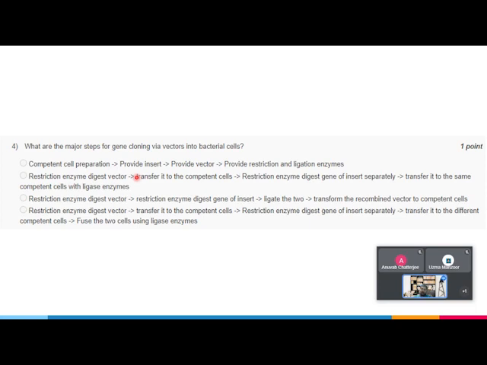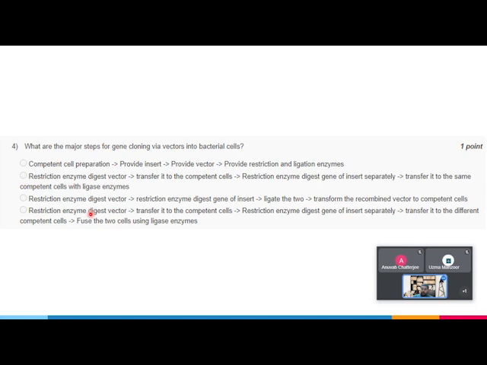So first digest the vector, then transfer it to the competent cell, followed by digestion of the insert, and followed by transferring it to the competent cell. The third option is restriction enzyme digestion of the vector, followed by restriction enzyme digestion of the insert, ligating the insert and the vector, and transformation of the recombined vector to the competent cells.